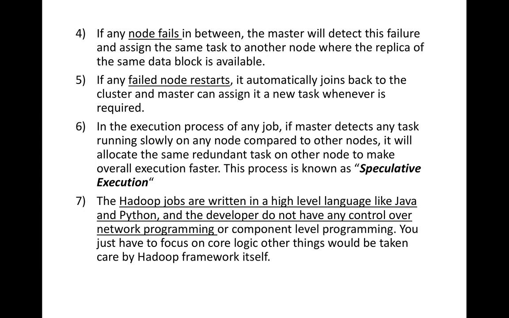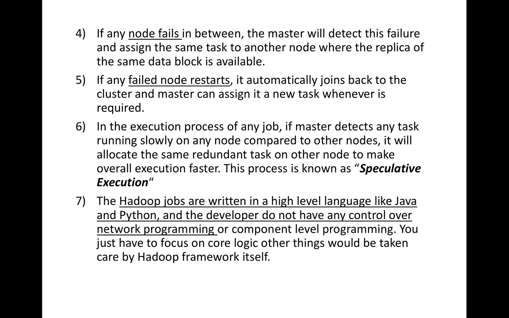That's the 6th concept. The 7th concept in Hadoop is that programs are written in a high-level language like Java and Python. That's the most important thing, because with a low-level language, programming is very difficult. You guys will know. For Hadoop, generally, you have some basic Java and Python, then you can write a program.